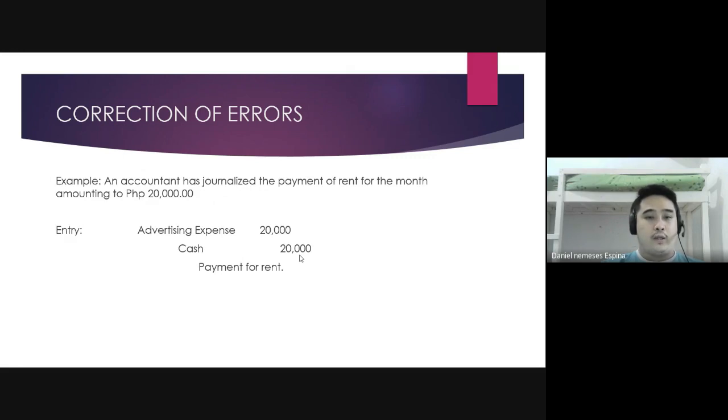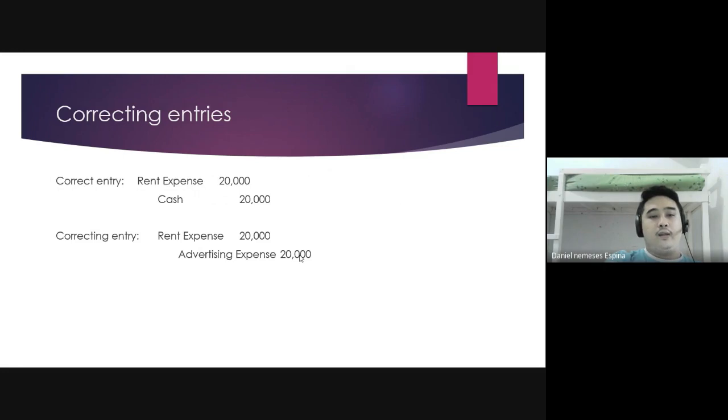So how to correct this? We need to reduce or make the advertising expense zero and then recognize rent expense. So the correct entry is rent expense 20,000, credit cash. So how would you correct this entry?